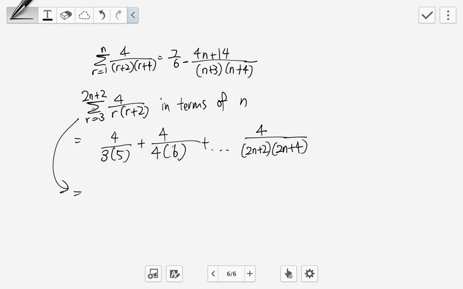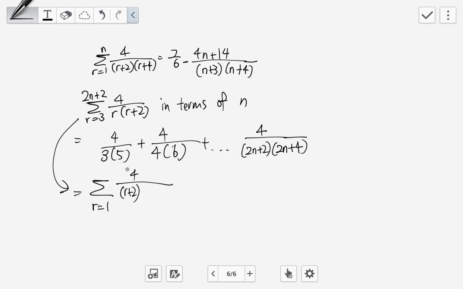Now we change the bottom part first. This is just my choice. When I change it to r equals to 1, I must still make sure that the formula I give here will describe this. So 4 is always constant throughout. Now when r equals to 1, then this term must be r plus 2.